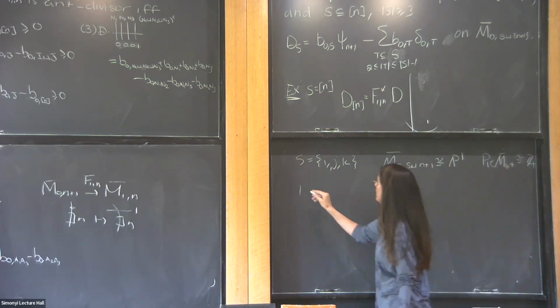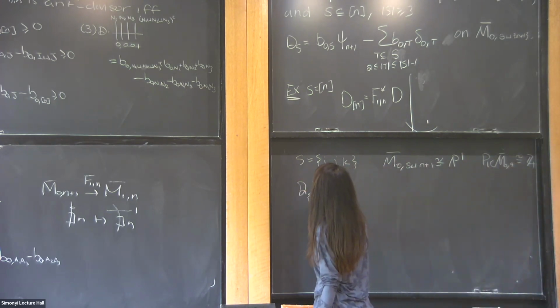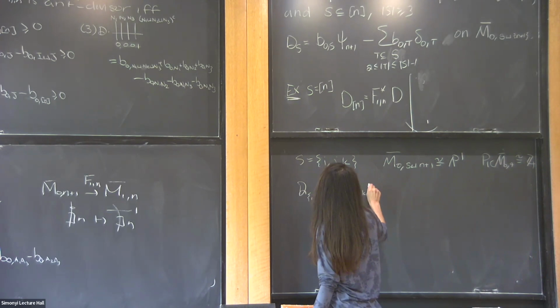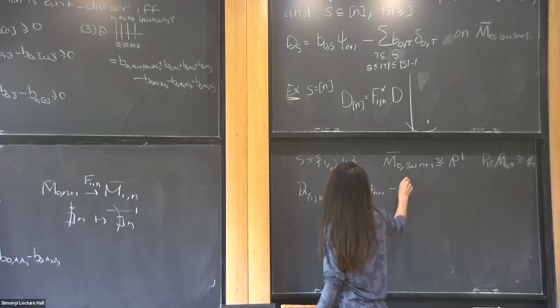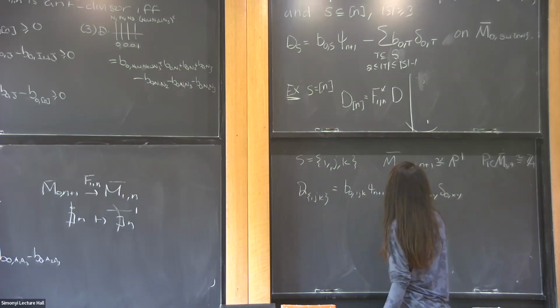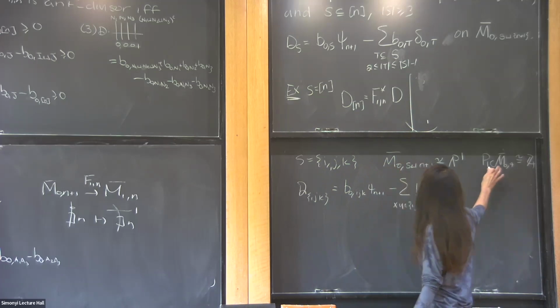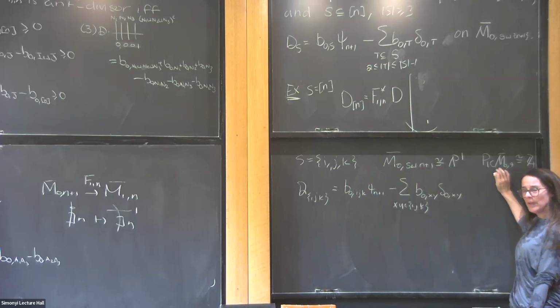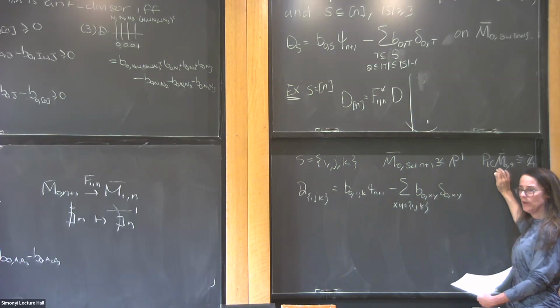So when we look at this D_IJK, it looks like B0 IJK psi N plus 1 minus the sum of all B0 XY delta 0 XY, where you take X and Y in IJK. And of course, since we're on Picard, we could put it all in one divisor.